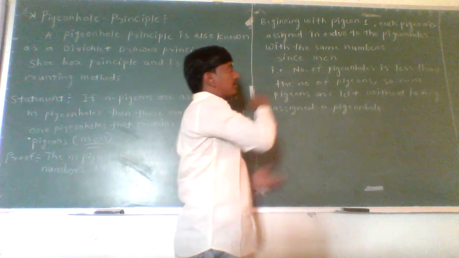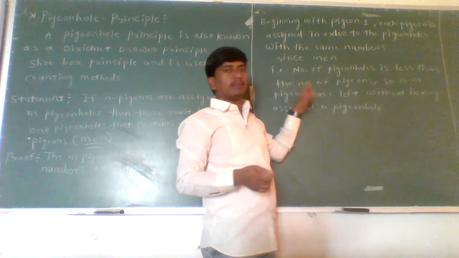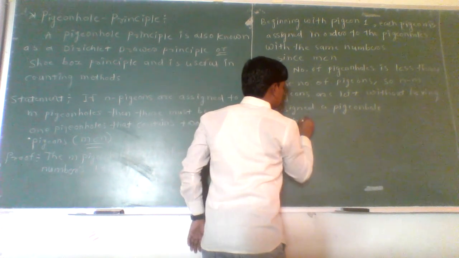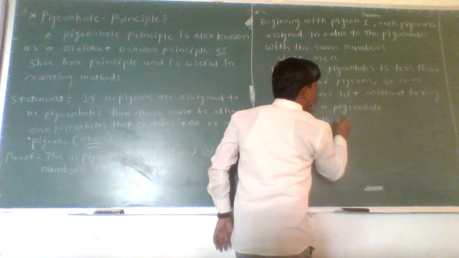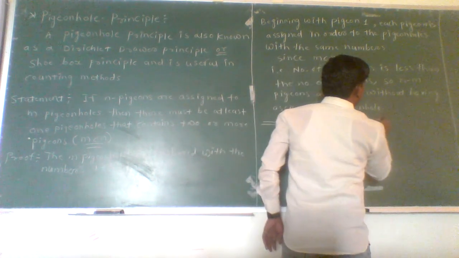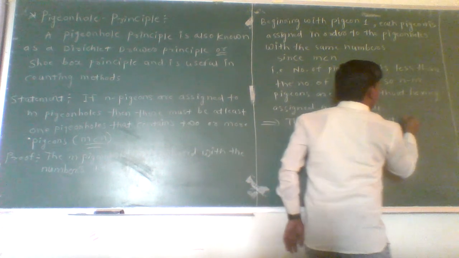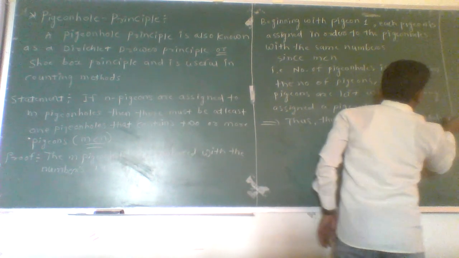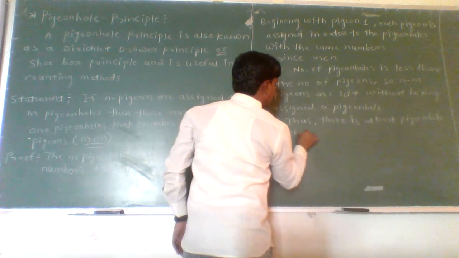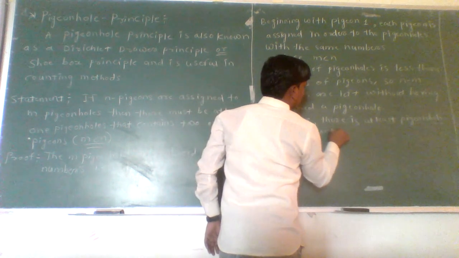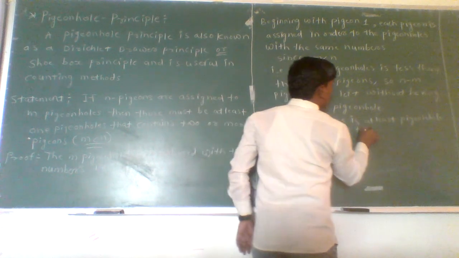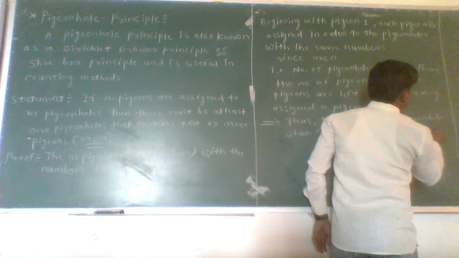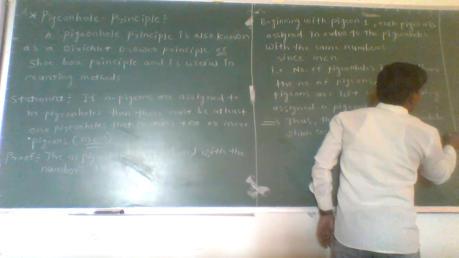As we put these n minus m pigeons in the pigeonholes, we conclude that there is at least one pigeonhole which contains two or more pigeons, and hence the required result.